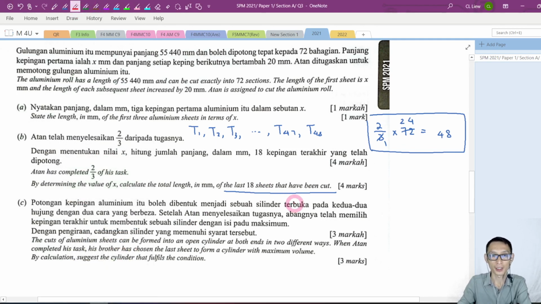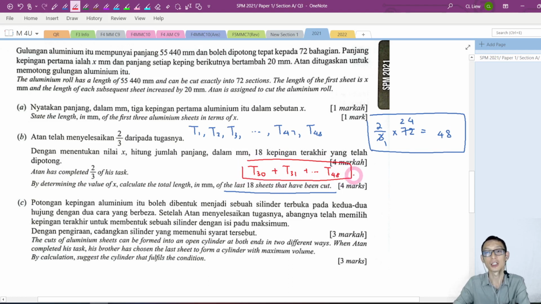Then they find the 30th term plus the next terms until the last term. This is actually not correct. You try to use your finger to count. Here is not 18 terms, here is 19 terms.